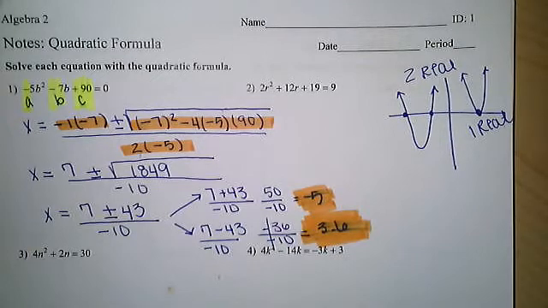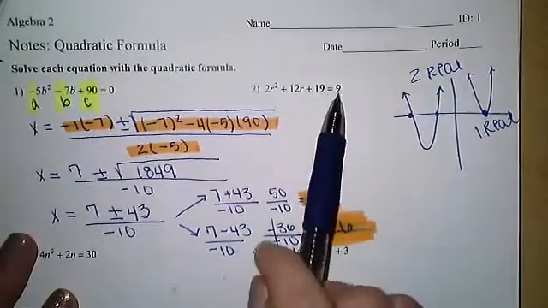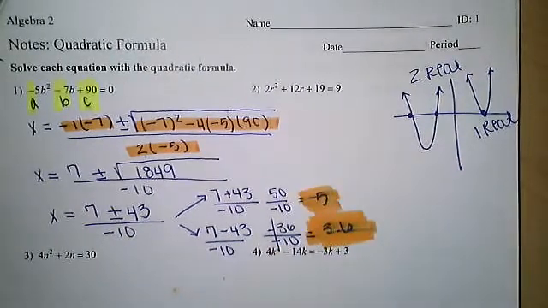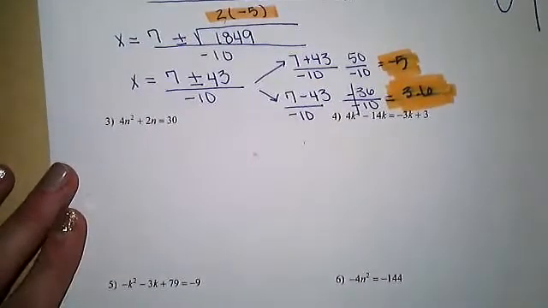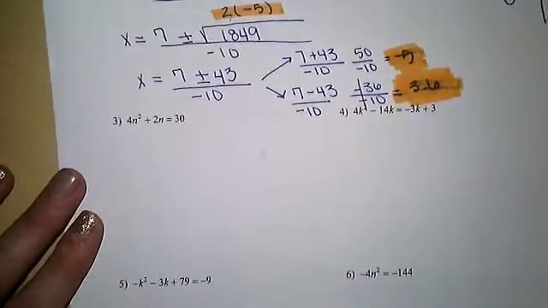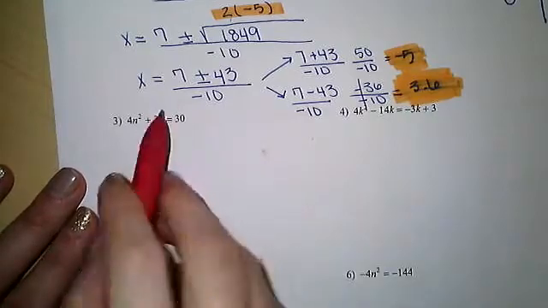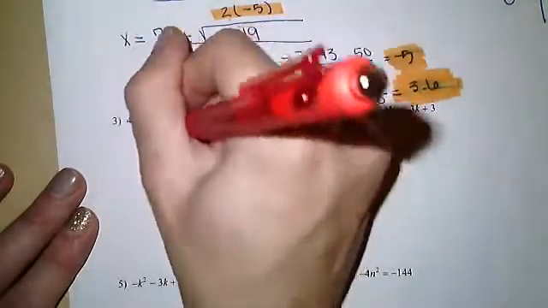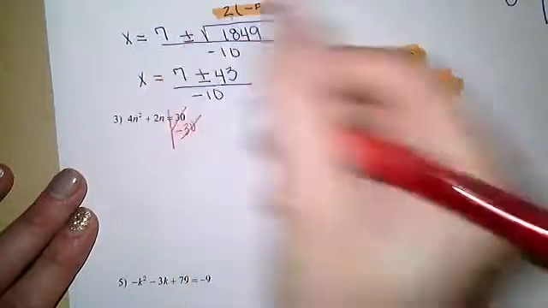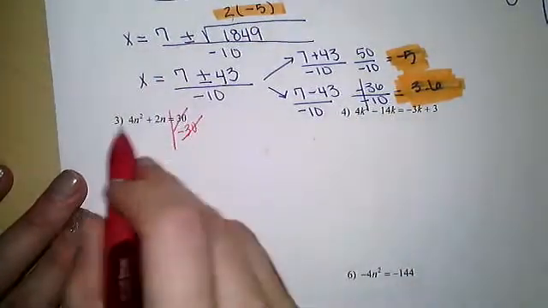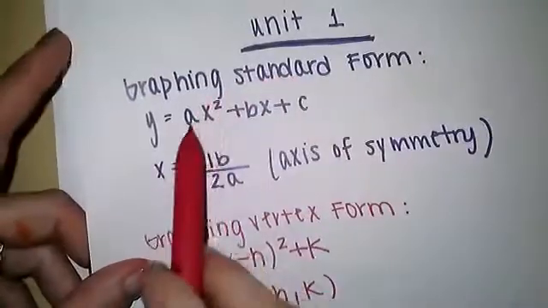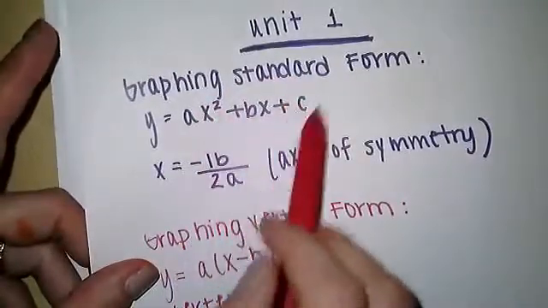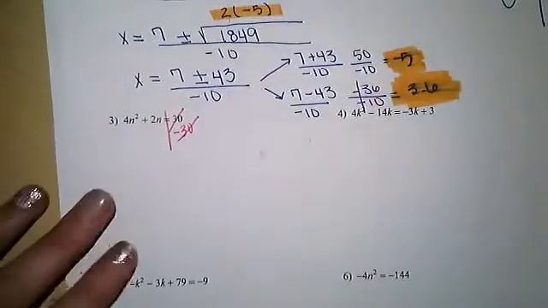So sometimes they do have like terms, like this one's nice. It has a like term, you can bring that over. Some of them don't. So when you're looking at a problem like number 3, this lovely problem does not have a like term. So when you bring that 30 over, it does become negative, so it'll cancel, but you have to carve out a space for it in order to make it A, B, C. We know that constant has to go at the back.